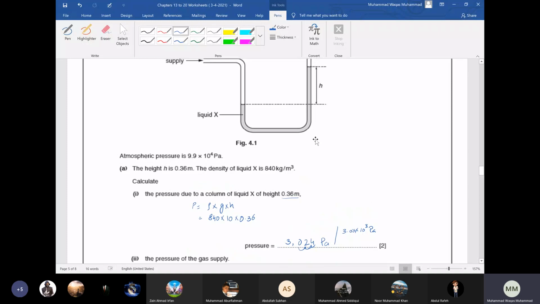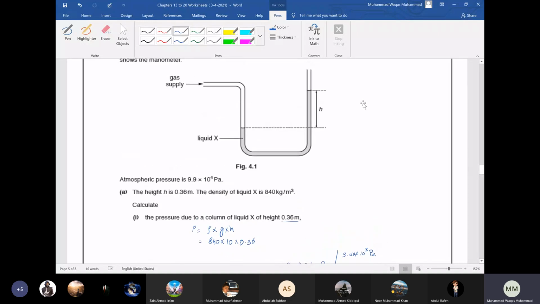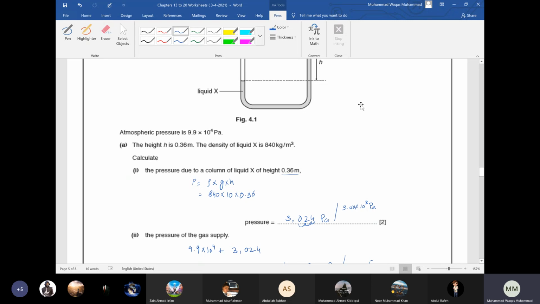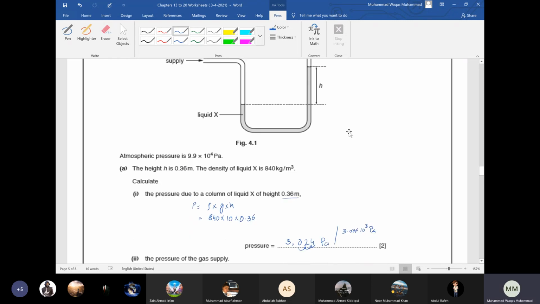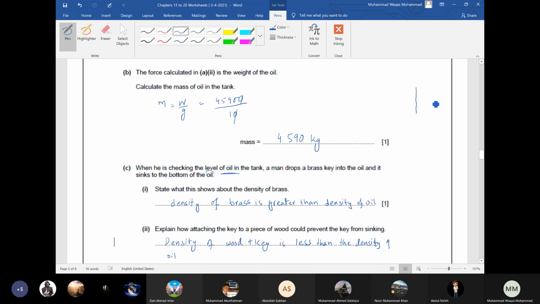Clear? Now, beta, if you use a denser liquid, the same pressure would be caused by less depth, right or no? Right, sir. Beta, for example, here, let me give you an example. There are two different liquids, okay, in the same container.